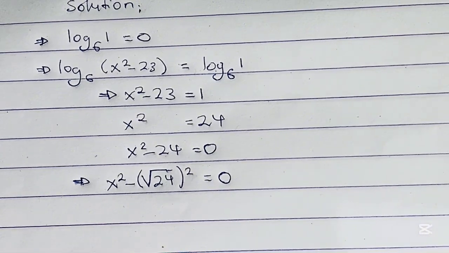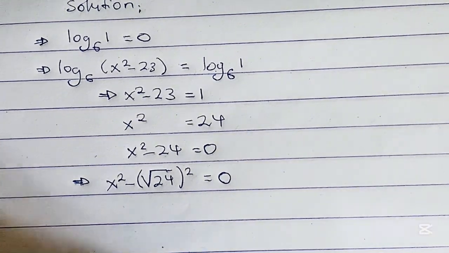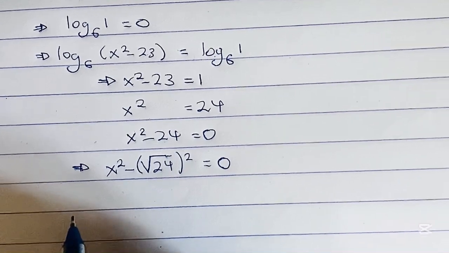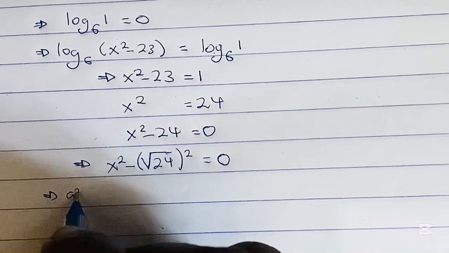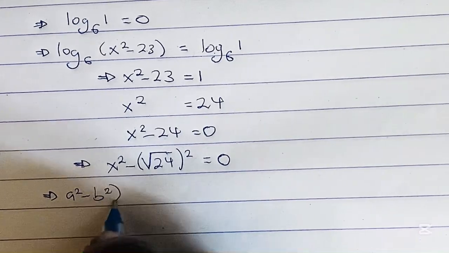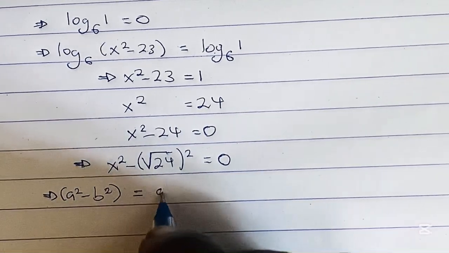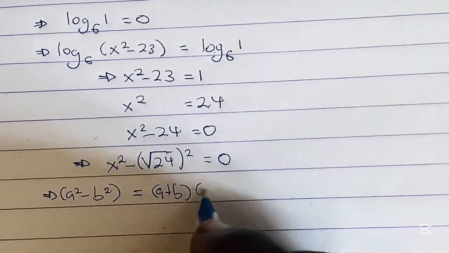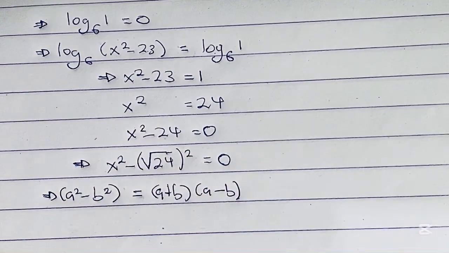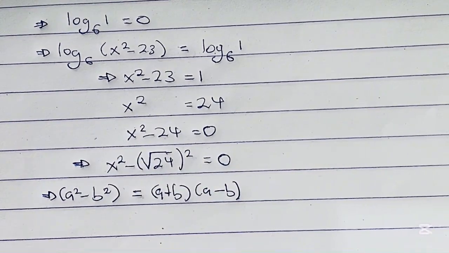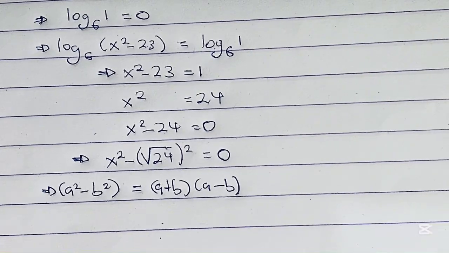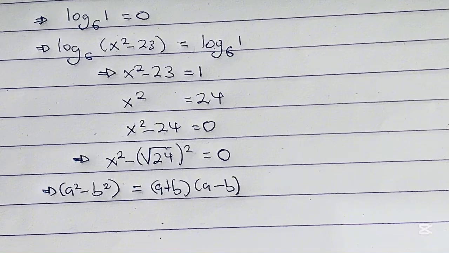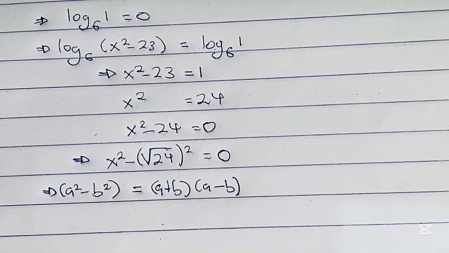So our expression is now a difference of two squares. So where there is a, we shall put x, and where there is b, we shall put root of 24.